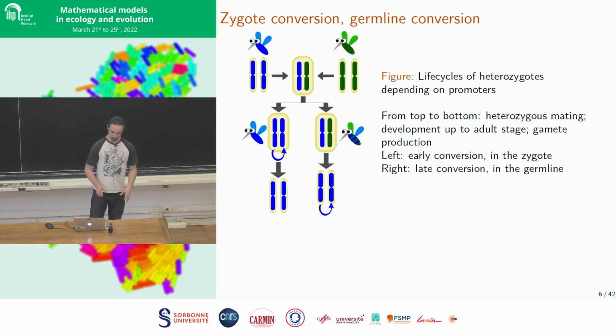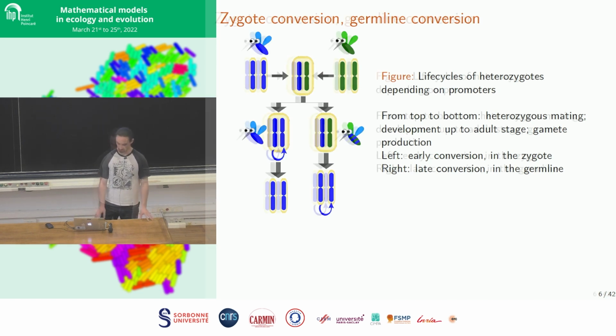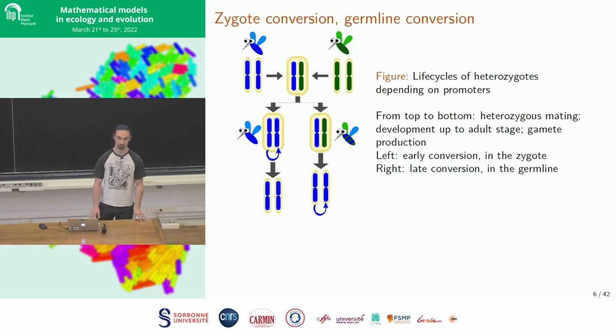There are two times in the life cycle of heterozygotes when this conversion can occur, depending on what promoters you use. On the left of this figure, you have the case where the conversion occurs early in the life of the heterozygote, as soon as the zygote is formed.